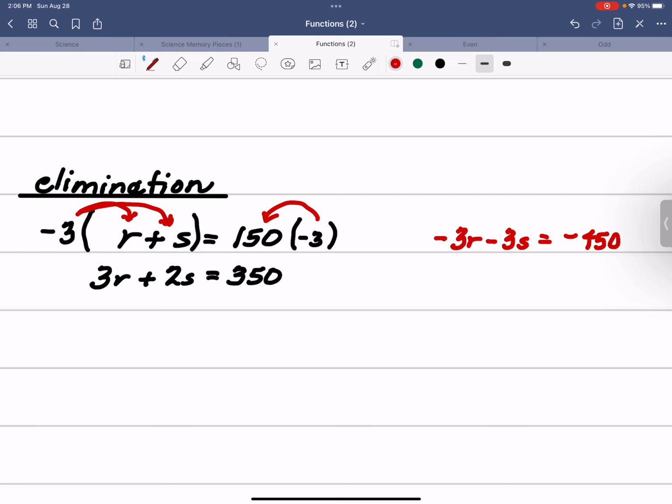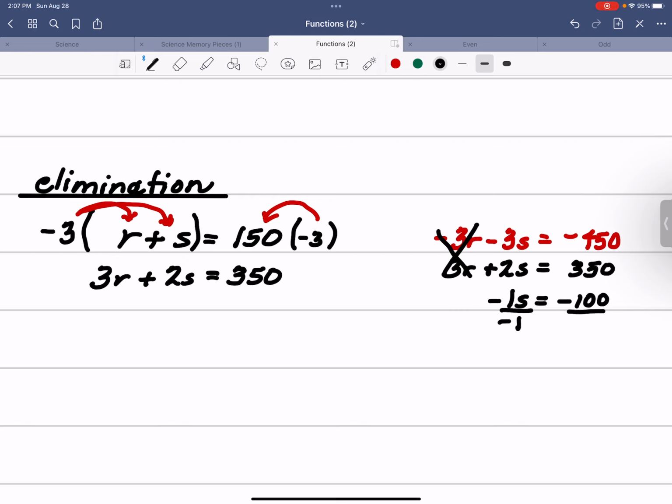Same equation, it's just written in different terms. Then I'll bring this one over. I can cancel or eliminate the r terms. So I'm left with negative 1s equals negative 100.